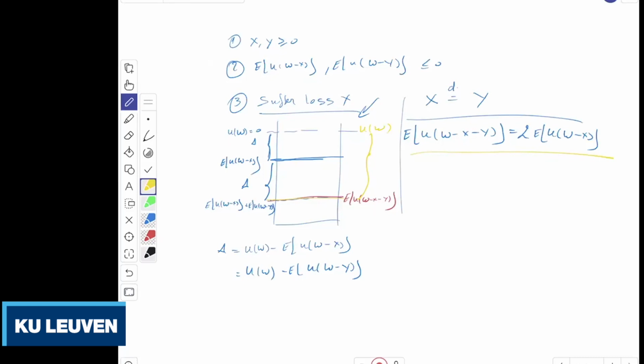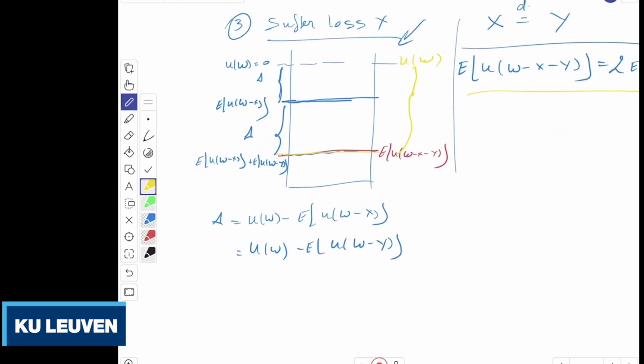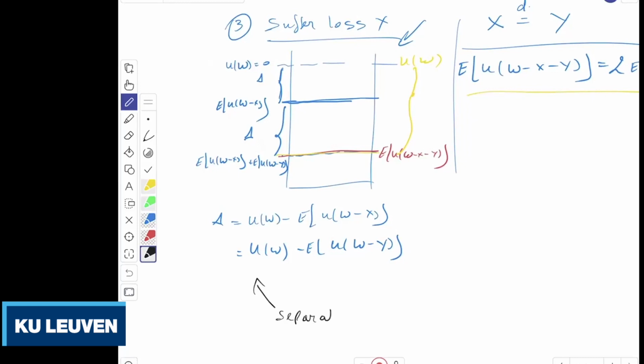So I'm adding 2 risks separately, or I'm adding them simultaneously. It results in the same drop of utility, so you end up with the same happiness after you're facing these 2 risks. You add them separately, and this is jointly.